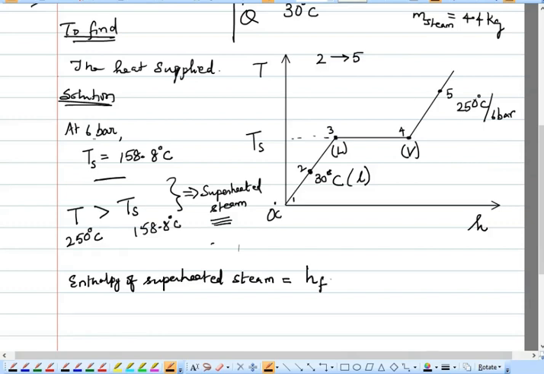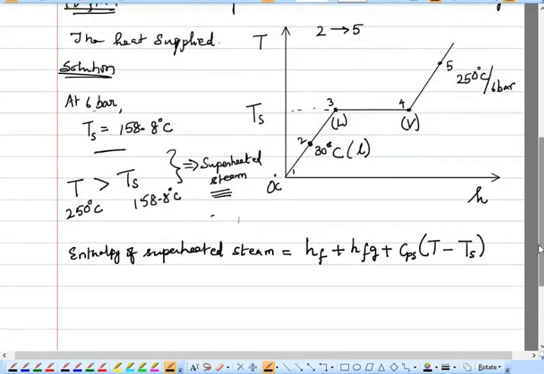HF plus HFG plus CPS times steam temperature minus saturation temperature.